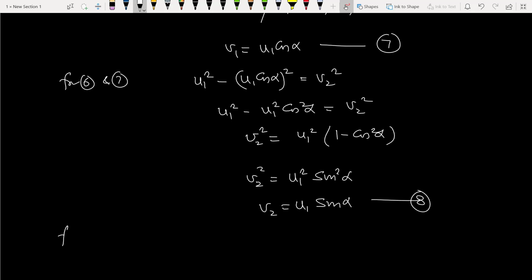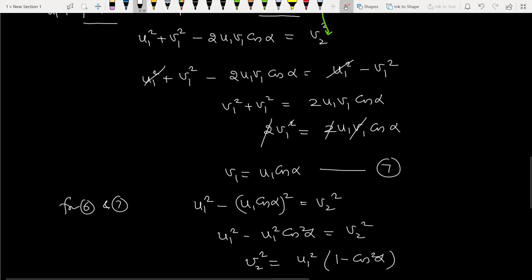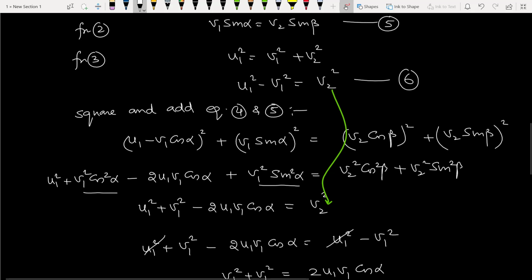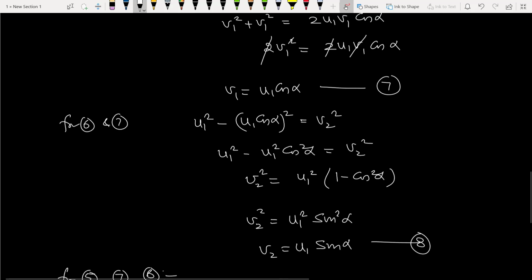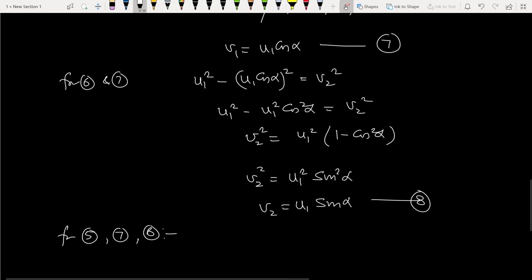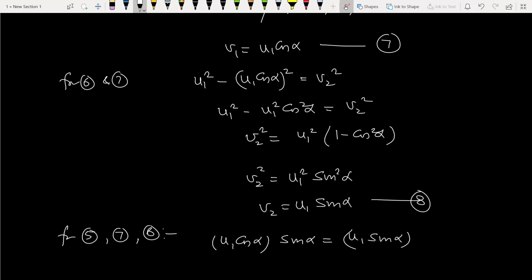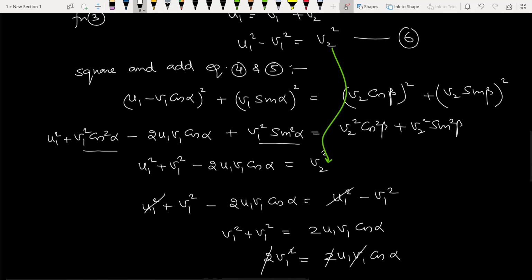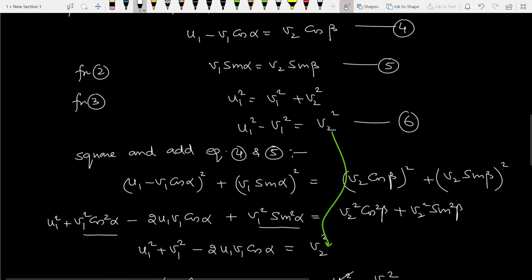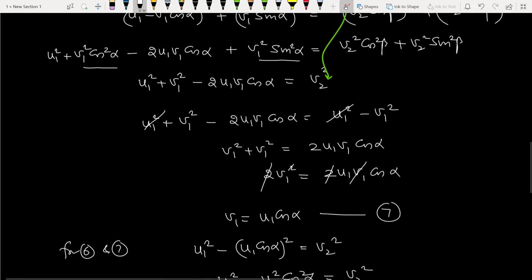So now from equations number 5, 7 and 8: v1 sin alpha. So the value of v1 from equation number 7 gives u1 cos alpha sin alpha, equals v2 sin beta from equation number 5.